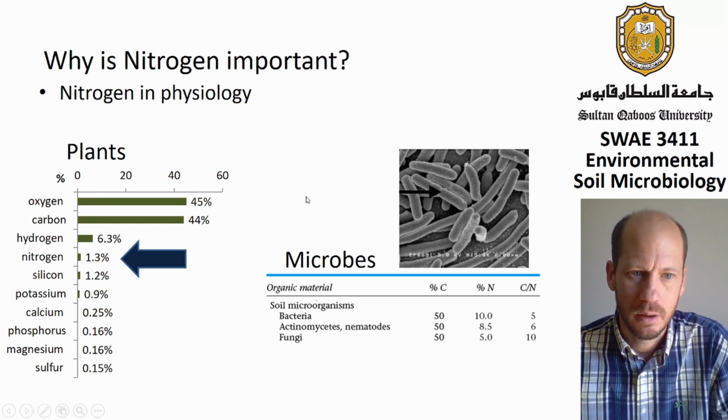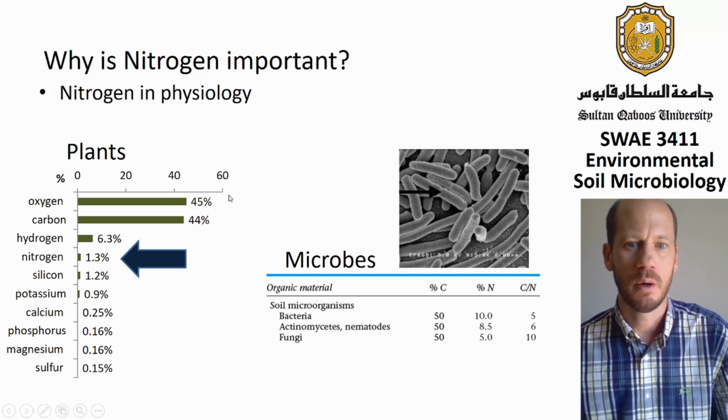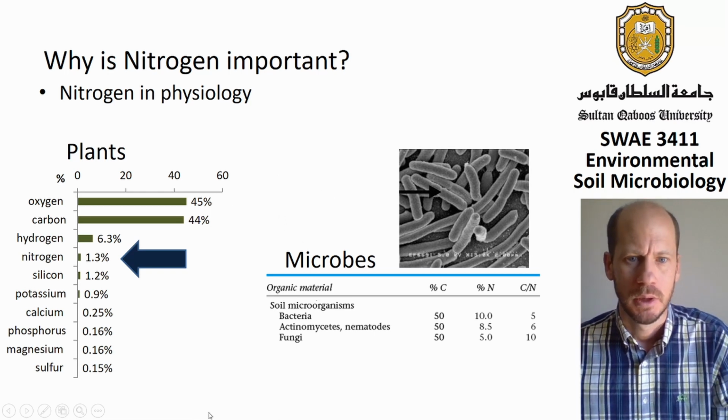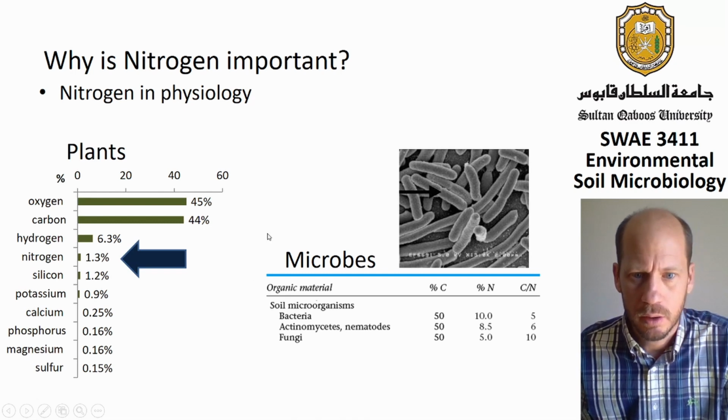So the carbon to nitrogen ratio for plants will be much higher than it is for microbes, because plants have fiber material, cell wall material that microbes will not have.